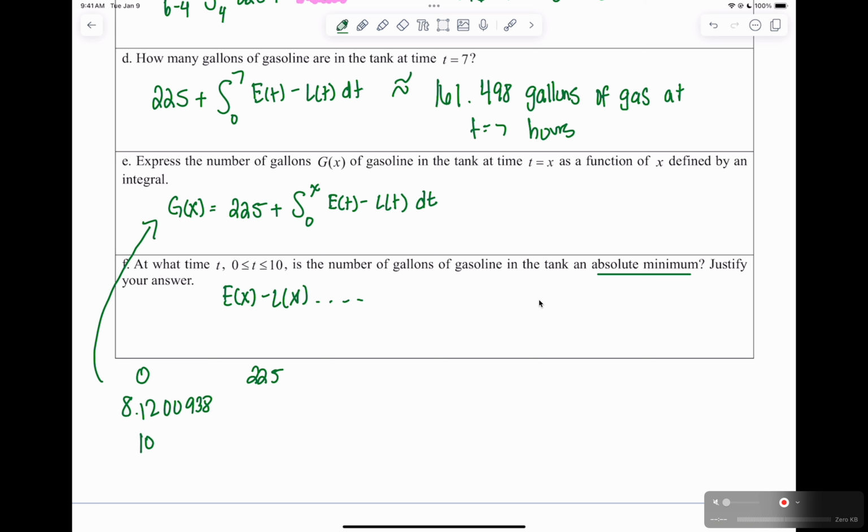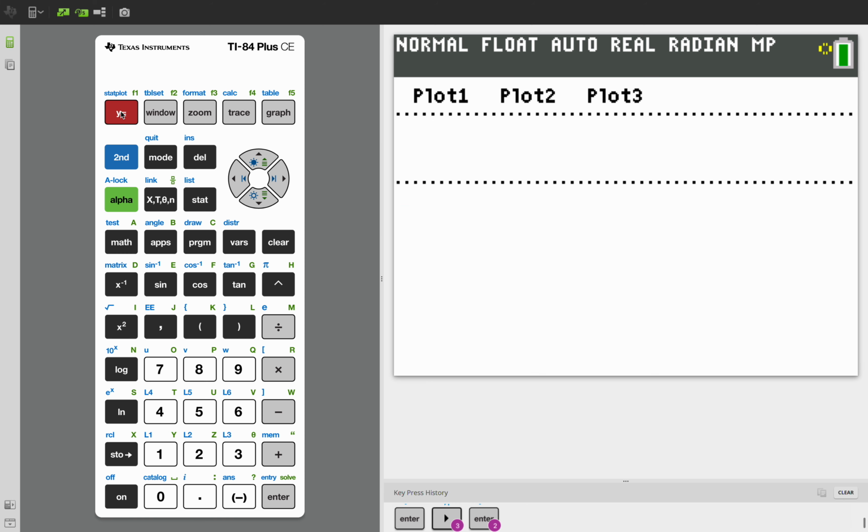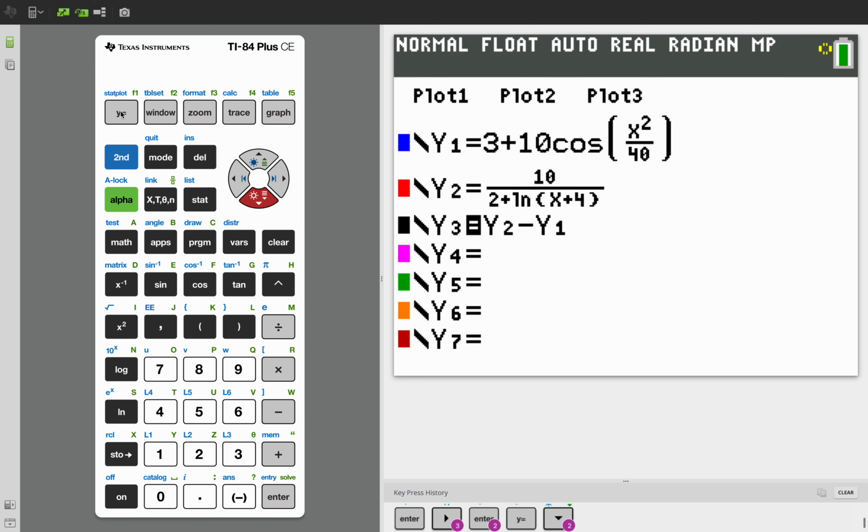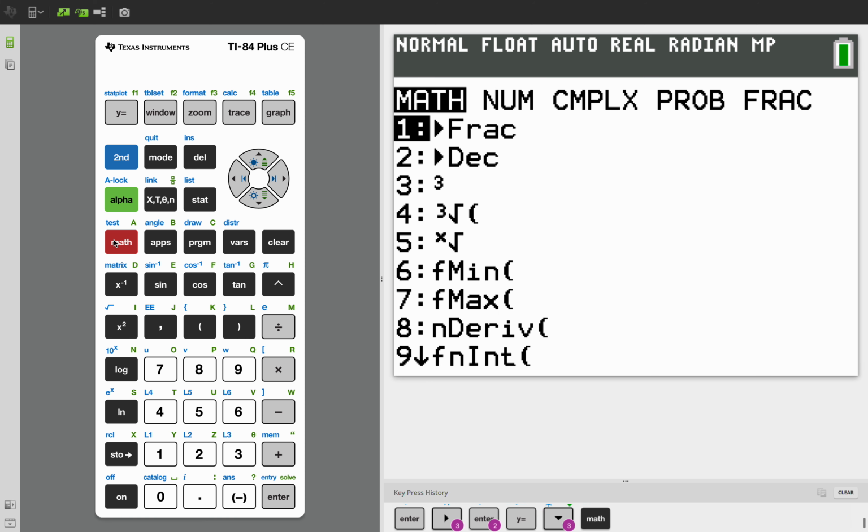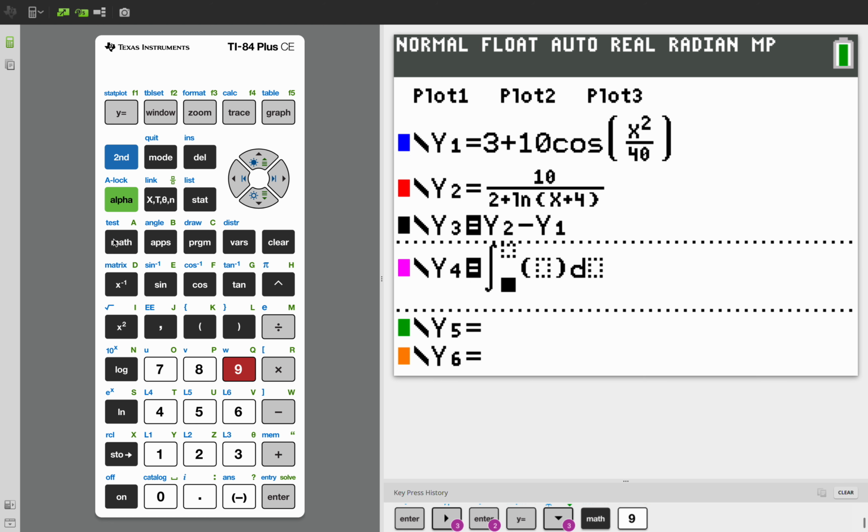Now, for 8.12 and for 10, I don't want to do the same thing twice when I can do it one time. I'm going to show you that trick. So on y equals, on y4, I am going to create an integral from 0 to x.